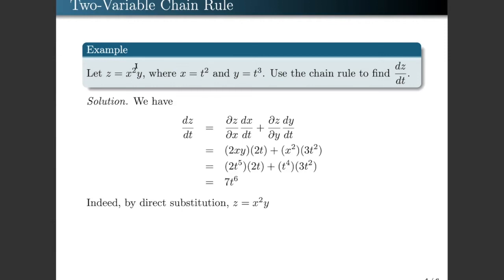So after doing that, x squared will now become t squared quantity squared times y, which is t cubed. When we simplify this expression, we will get t to the 7th. And of course, it's now easy to get the derivative of this expression, which is 7t to the 6th. This is the answer that we obtained using chain rule earlier.